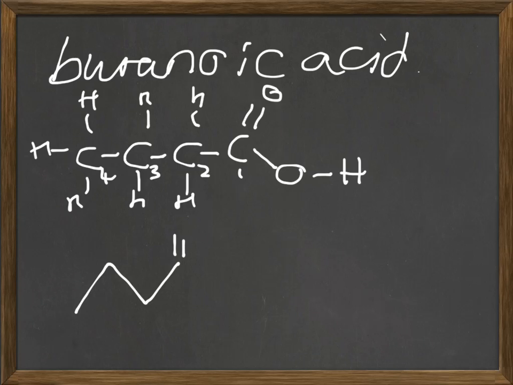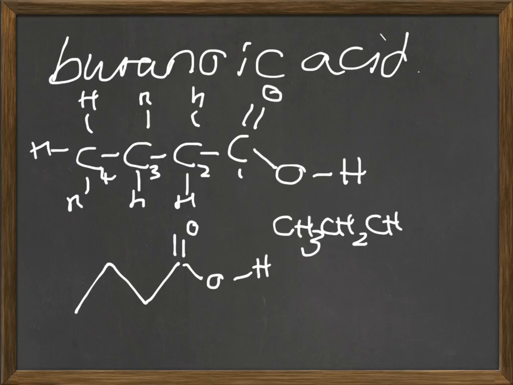The skeletal formula, the join the dots. So we've got 4 dots, and then at the end of our dots, which are joined together, we've got the COOH group. And then the structural formula is just going to be CH3, CH2, CH2, COOH. Okay, good. So give yourself a big tick if you got that right.